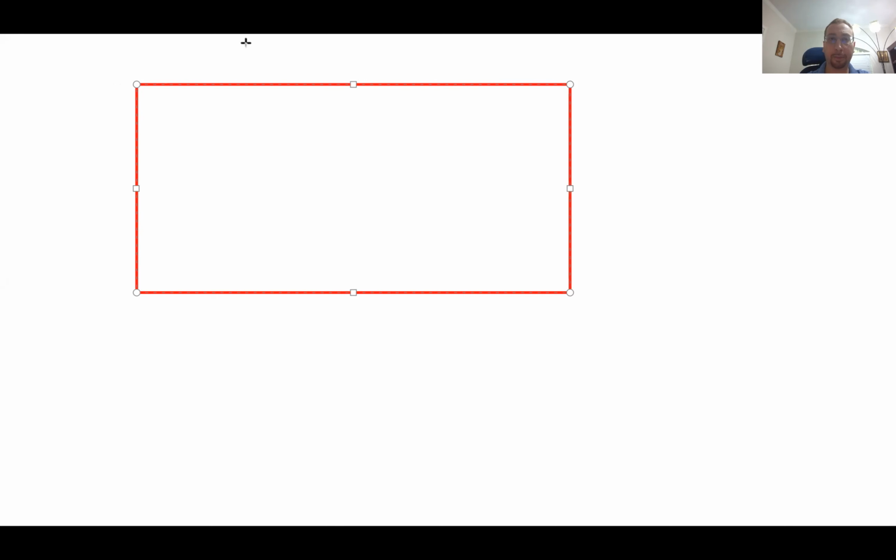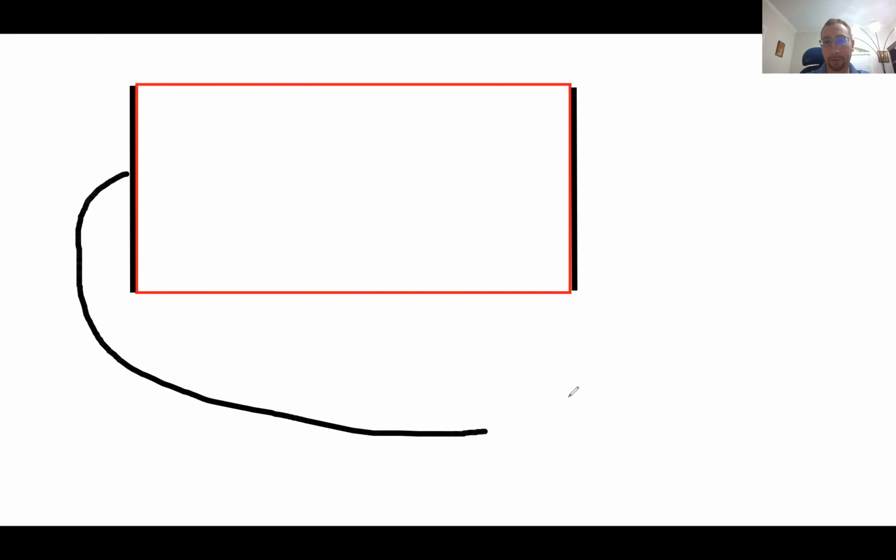Imagine this is part of a circuit, and the question is, what is the resistance between these two ends?